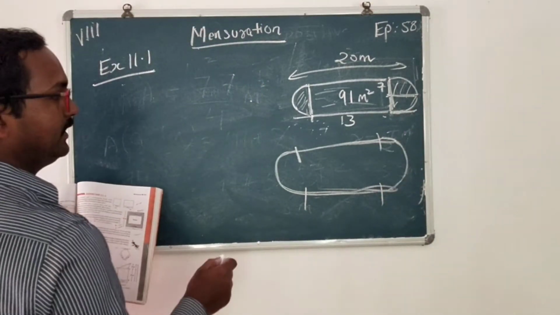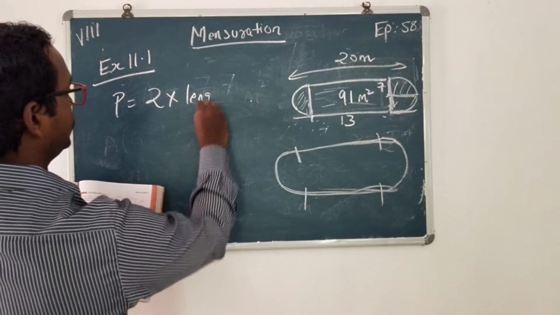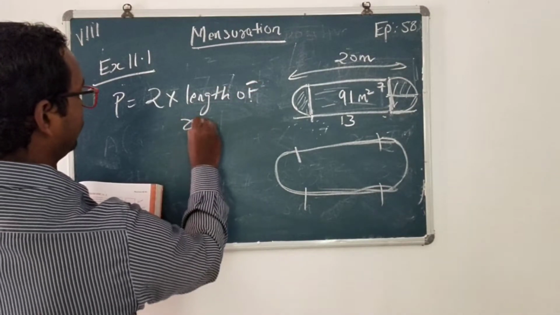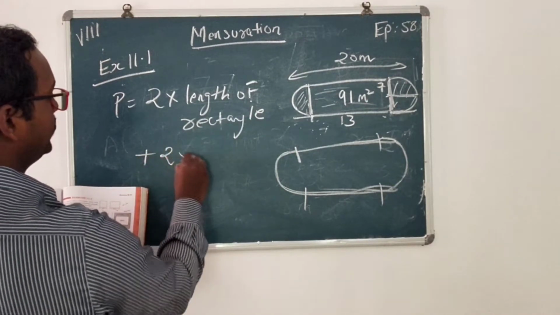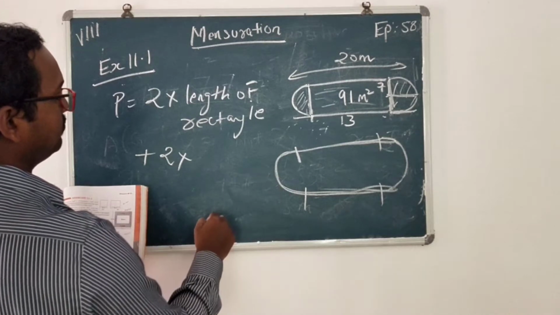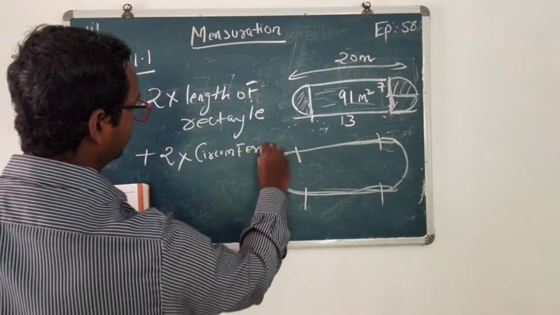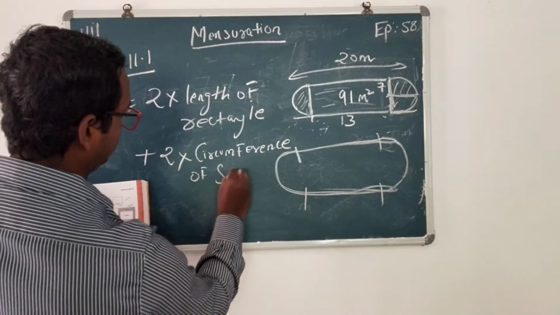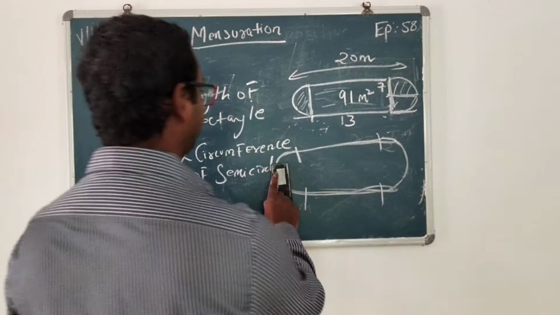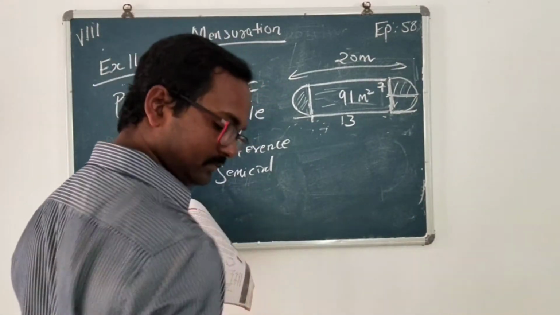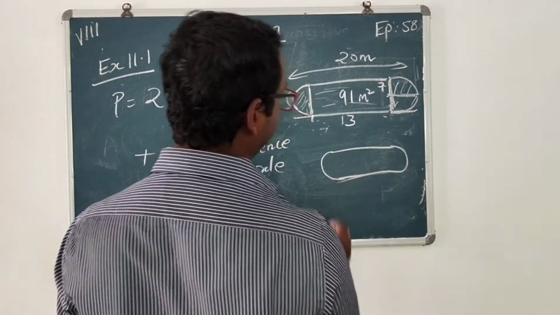So the perimeter is 2 into the length of the rectangle plus 2 into the circumference of a semicircle.